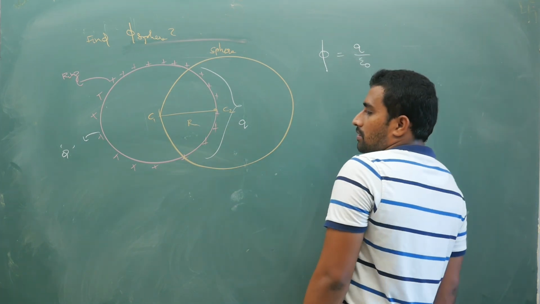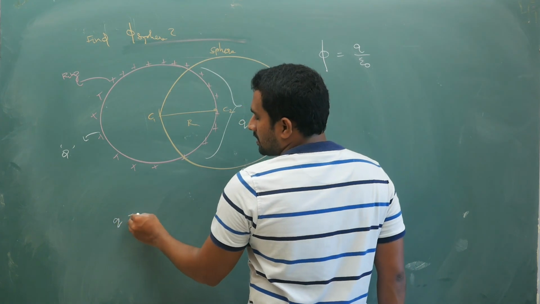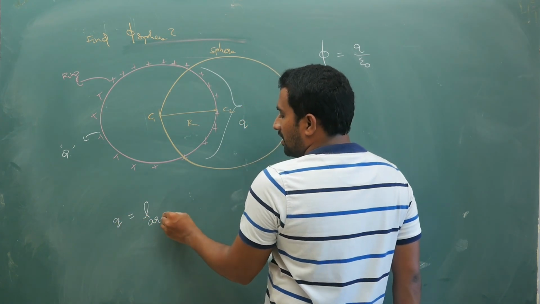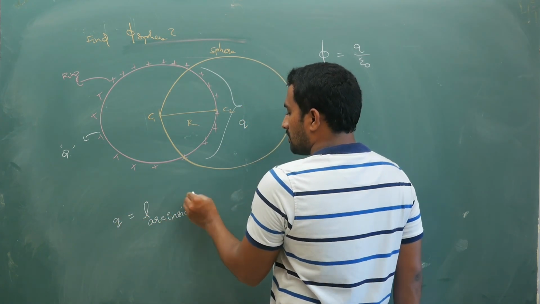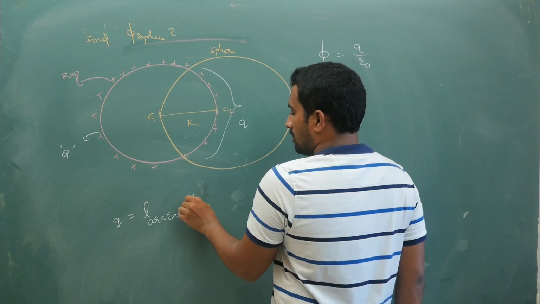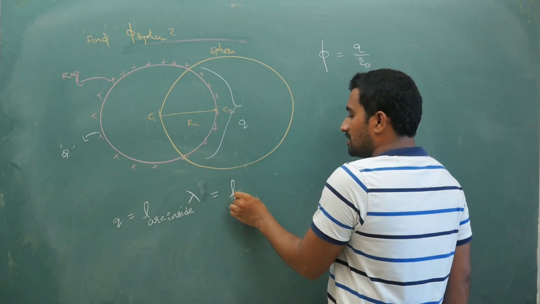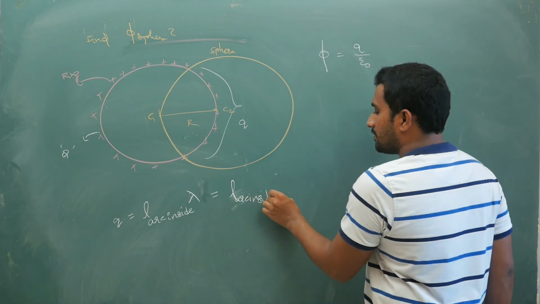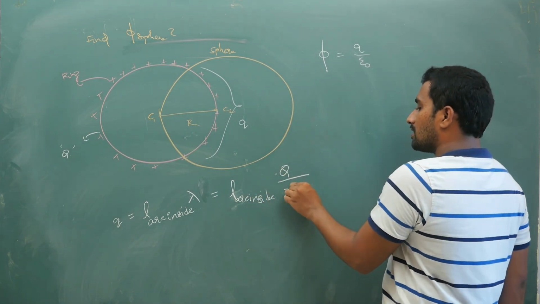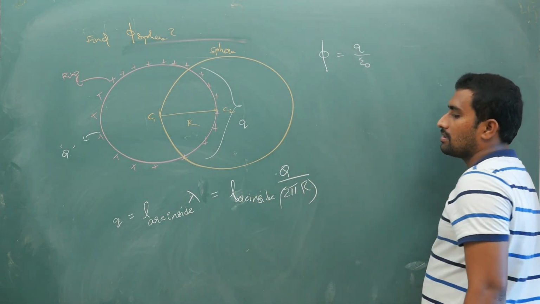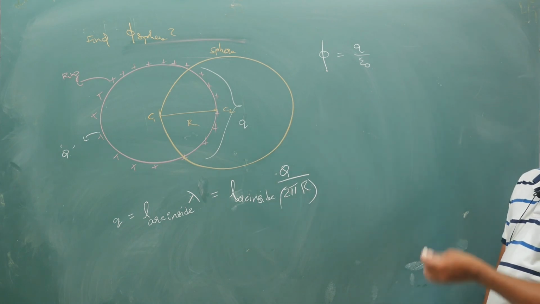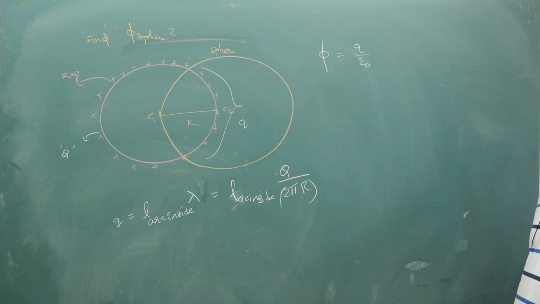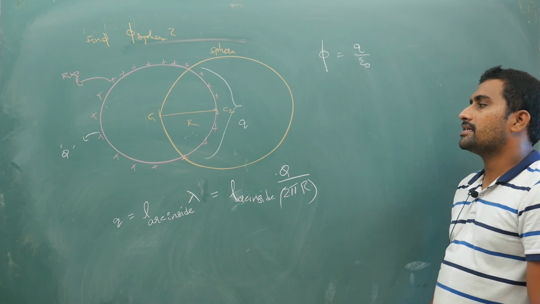Your small q is the length of arc inside times lambda, where lambda is total charge by total length. What is the length of arc inside when these two centers coincide? Identical radius.